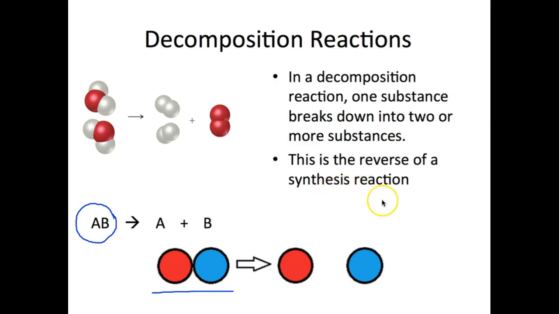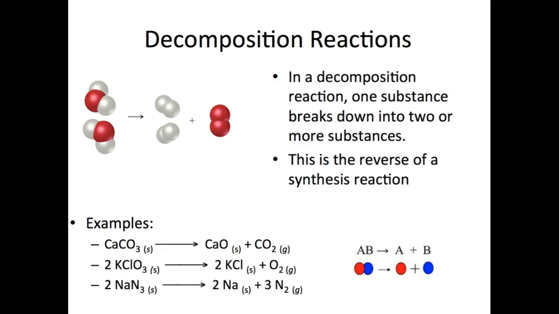Notice that this is literally the reverse of a synthesis reaction. So in all of these examples, I have a single reactant, I get multiple products. Notice when I have a 2-element or a binary compound, I'm getting those 2 elements being separated.